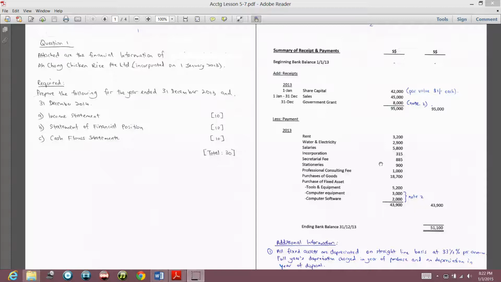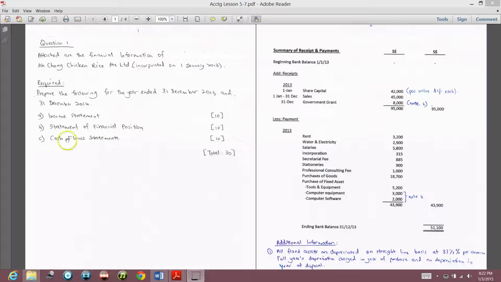In simple terms, cash flow means a document that shows all your money coming in and all your money going out. That means a document that shows all your receipts and all your payments. So this is actually a cash flow statement, but in layman's terms.